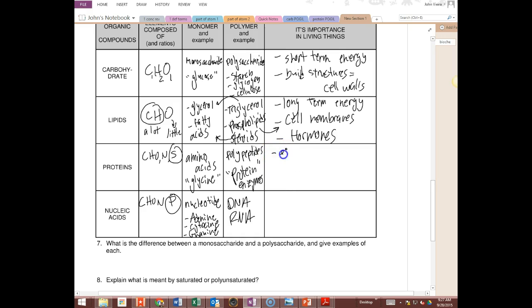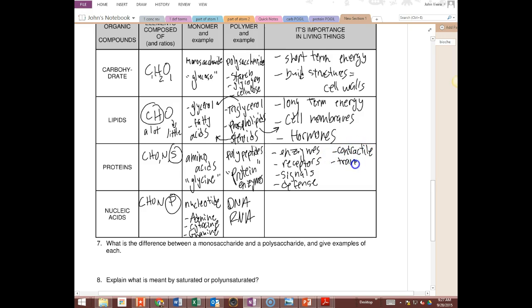Proteins have lots of functions. Enzymes. They're used for receptors in our cells. Signals like hormones in our cells. Antibodies, for our defense. We use them for contractile units, that's like our muscles for shortening of cells.